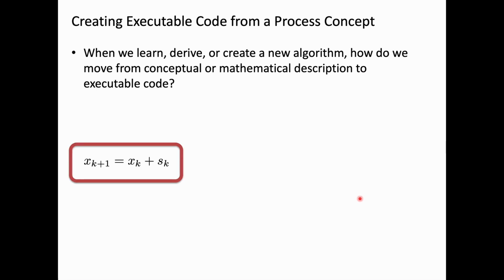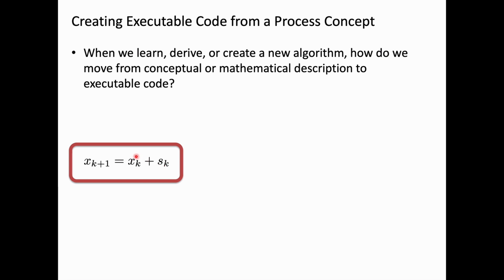For example, here is an iterative formula that takes the form of many algorithms we're going to use in this semester. At iteration k, where k is an index that says what iteration we are at in an iterative algorithm, we start at a point, say design x at iteration k, and then based on some kind of information from this point x at iteration k, we take a step in some direction.